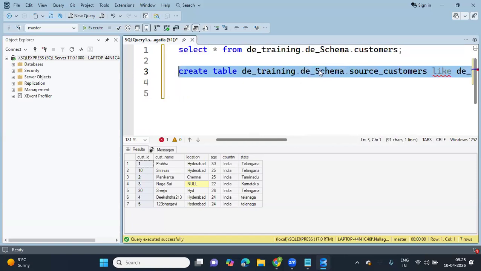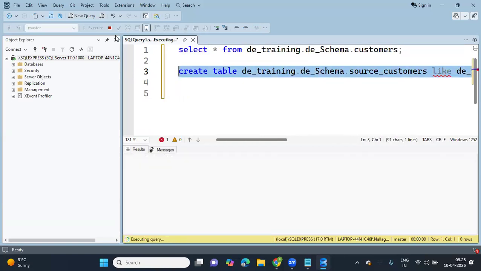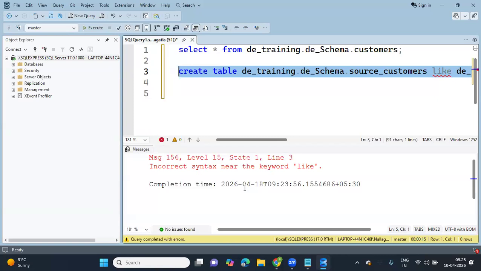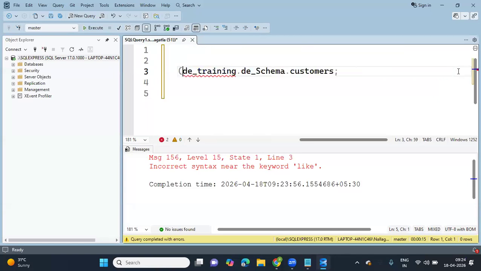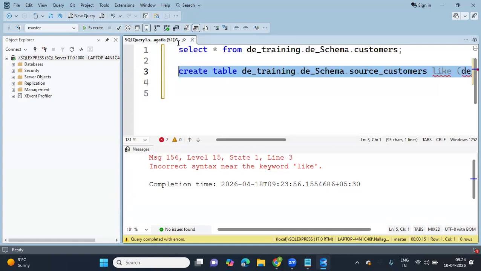I'm not sure if this syntax works here or not. What is happening? Executing query. Let me correct the syntax here. Let's write it in brackets, like, it will just copy the structure.